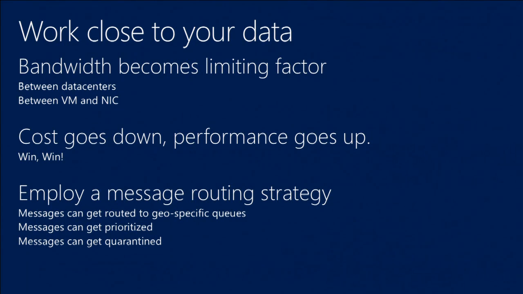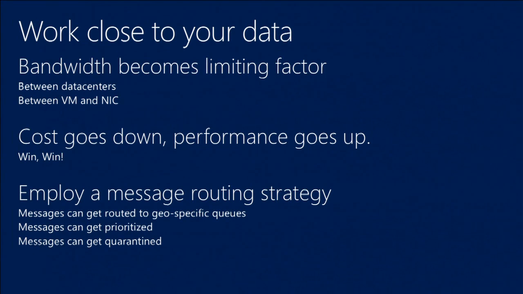In order to work close to your data, A, you're going to have to be deployed in multiple data centers, and B, you're going to have some strategy to route to those data centers. In the CQRS world, that's really easy for us, because we could take a look at a command coming in and say, who is this destined for? Oh, it's for somebody in North Europe.